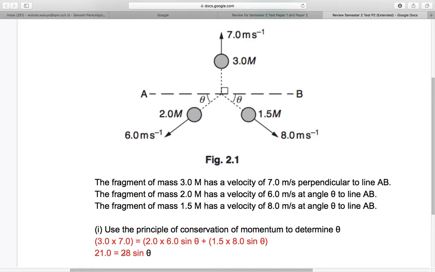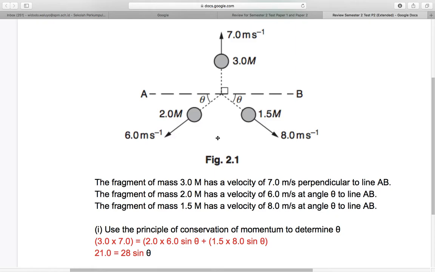This is 3.0 times 7.0 for this fragment of mass 3.0, and it equals 2.0 m times 6.0 for the fragment here, but times sine theta, because we are on the vertical, so vertical uses sine of theta.